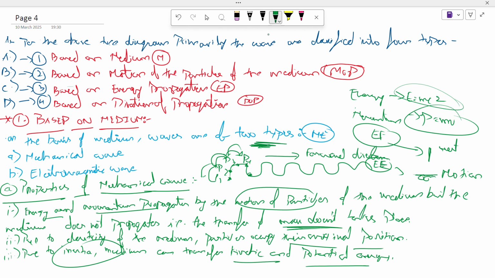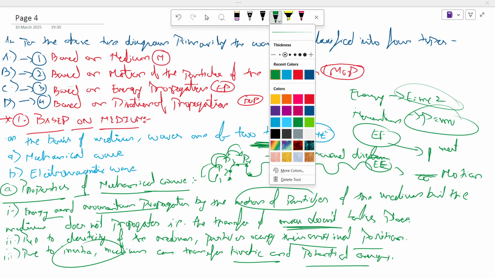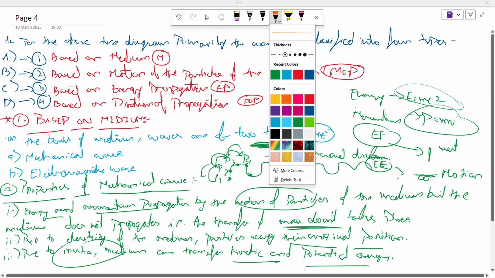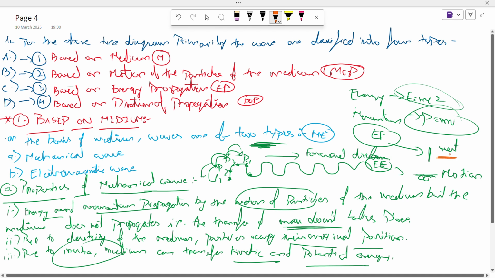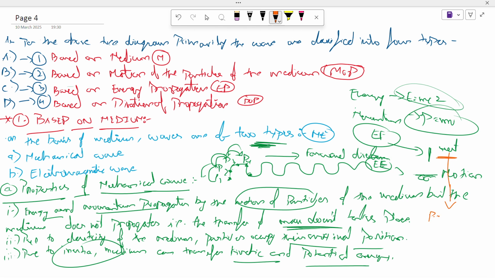You may have a doubt: sir, how is it happening like that? You can see here. If the object is at rest, the object is getting potential energy.